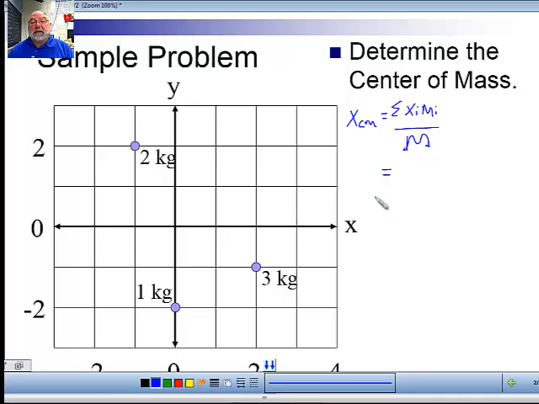Well, what that means is particle number 1 here. What is the location of its x-coordinate? Well, it's at 0. So it would be 0 times its mass of 1 plus particle 2. What's the location in the x direction of the second particle? Well, it's negative 1 times its mass, which is 2.